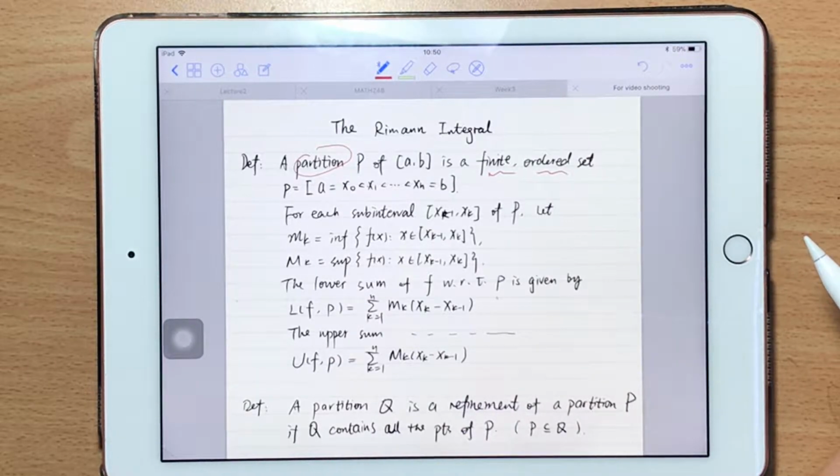And the more subsets you divide it into, the more accurate your approximation will be, right? Because the area is not like those triangles or rectangles. We don't have a formal formula to calculate the area, so we do an approximation.